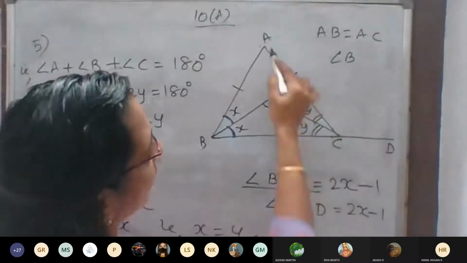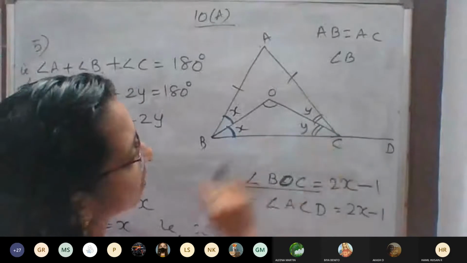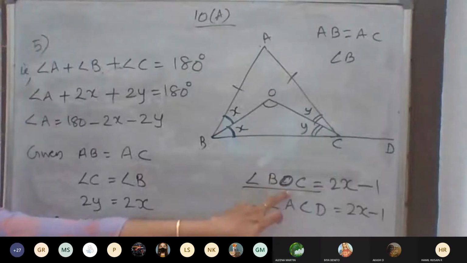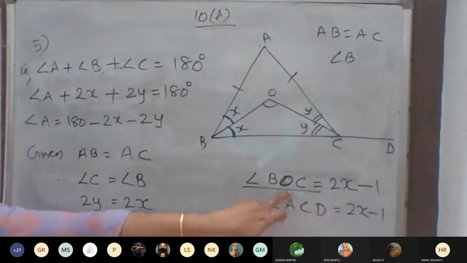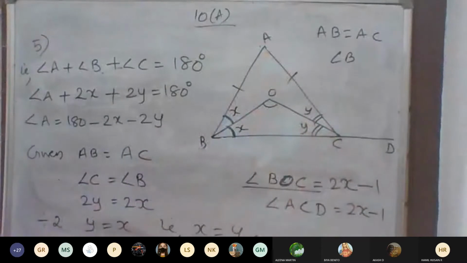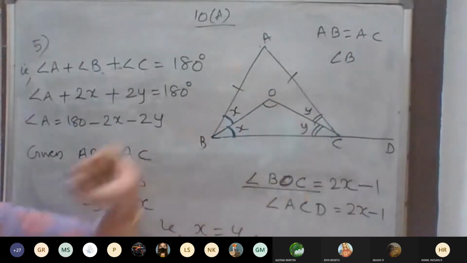ACD is the exterior angle. We have to consider triangle ABC. Then only we will get ACD. So exterior angle is equal to what? Sum of opposite interior angles.